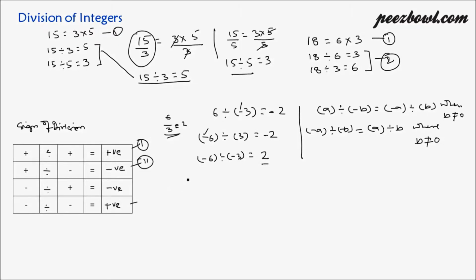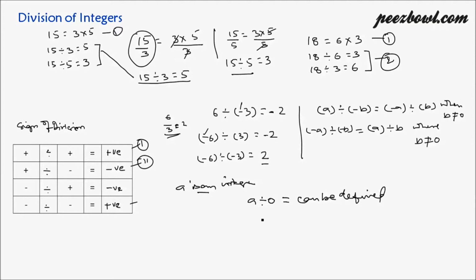Now let us say a is an integer, then any integer divided by 0, that is a divided by 0, will have a meaningless value. I mean, a divided by 0 is not possible. Its value cannot be defined.